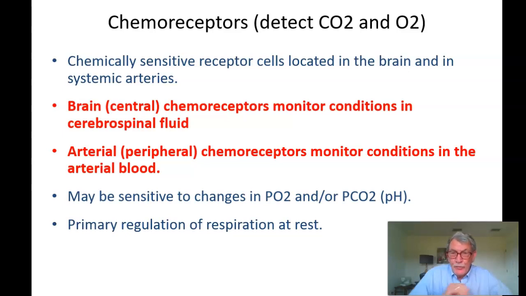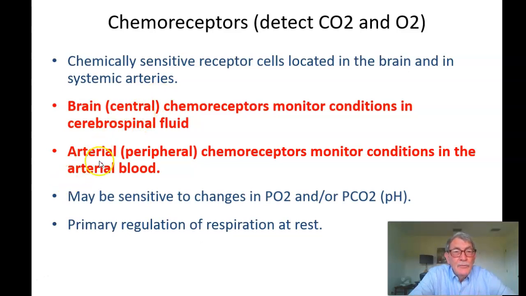Now, these chemoreceptors are designed to tell you if your CO2 mainly, because that's your main driver, but also O2, is okay. And if it's not, they can make you breathe faster or less. So we have central chemoreceptors in our cerebrospinal fluid to see if the gases are okay there.